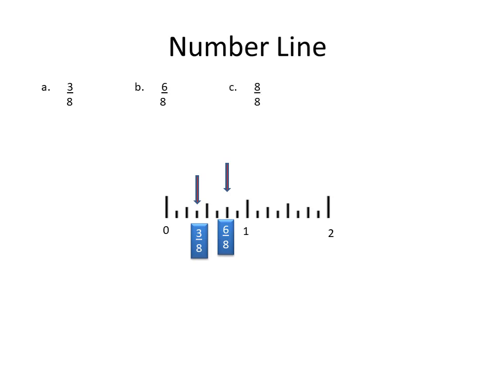The third example, 8 by 8. 8 by 8 falls here, exactly on 1, because 1 is the 8th line from 0. Let's take another example, 13 by 8. The 13th line falls here, so this is the position of 13 by 8. Let's go to another example, children.